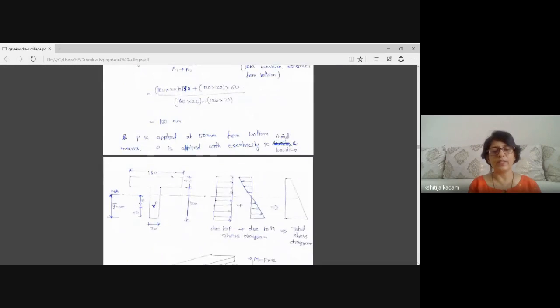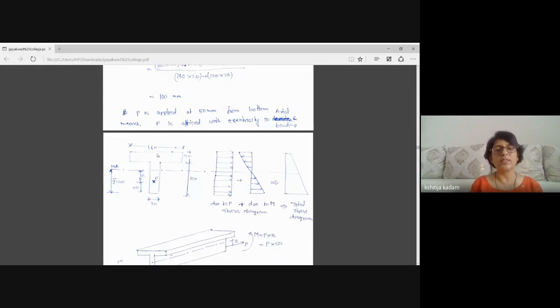So if force P is applied with eccentricity, here you can see the sketch. This is the T cross section. The neutral axis is located at 100 mm. You can see in the sketch I have drawn a line by dot dash. It is the neutral axis, but P is not located on the neutral axis. In the sketch you can see P is located at some eccentricity.